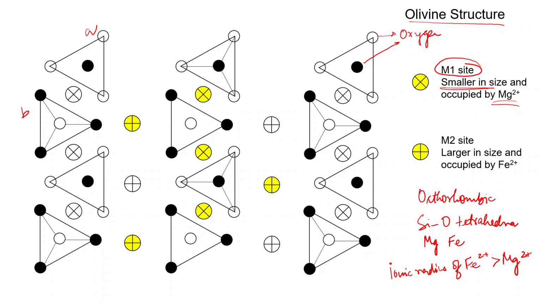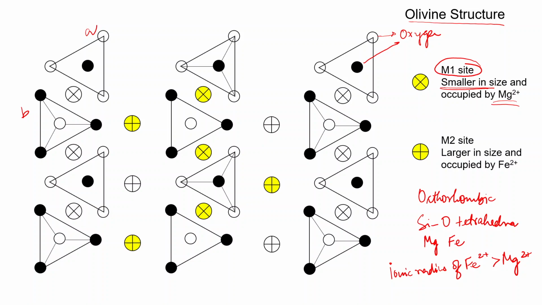Therefore forsterite, because it consists of Mg2+, which is a smaller ion, forms first in Bowen's reaction series.